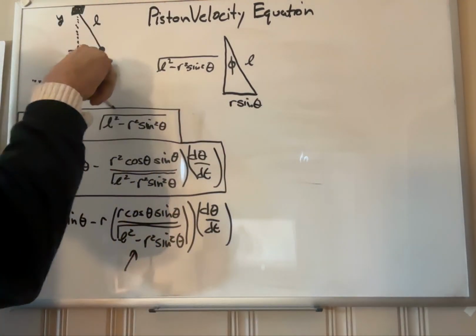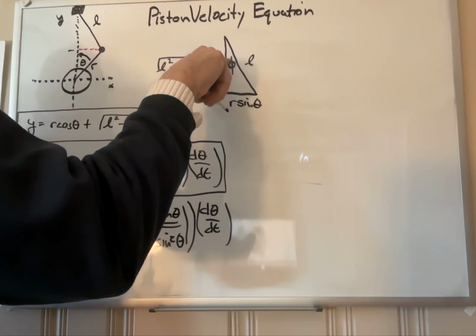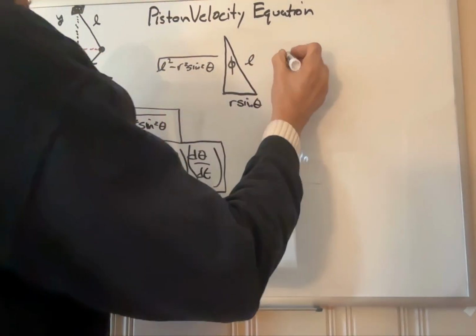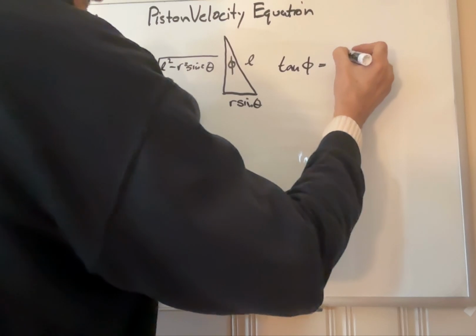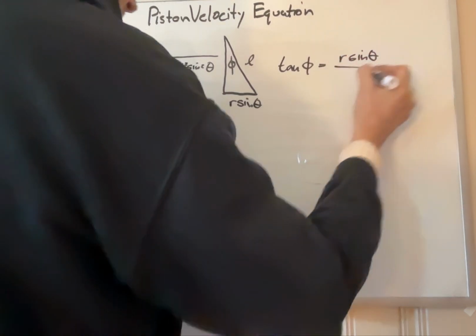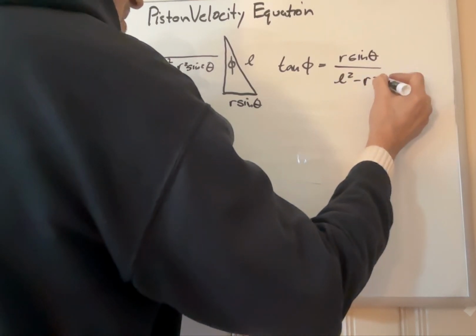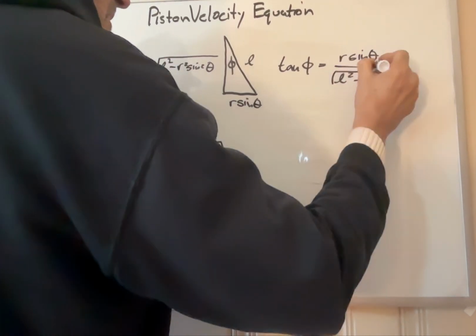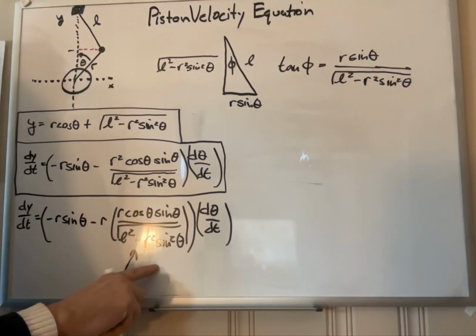So if we look at this triangle again, and if we take the tangent, we're going to get the opposite over the adjacent. So tangent phi is going to be R sine theta divided by the square root of L squared minus R squared sine squared theta, right? This thing is actually this thing.